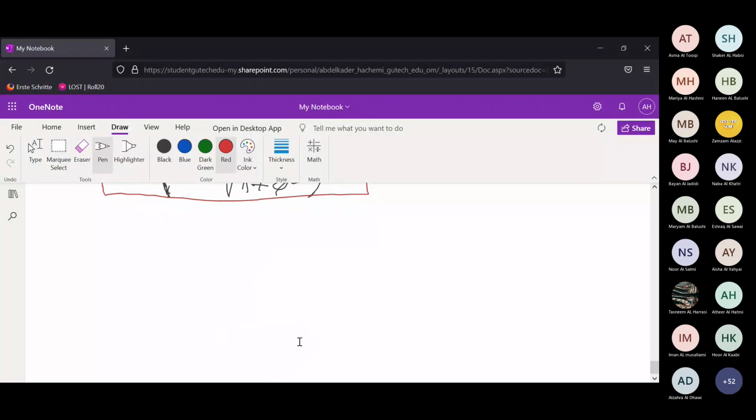Now if we look at how it comes to this expression, that means if we draw it, we can say we have the path like this.